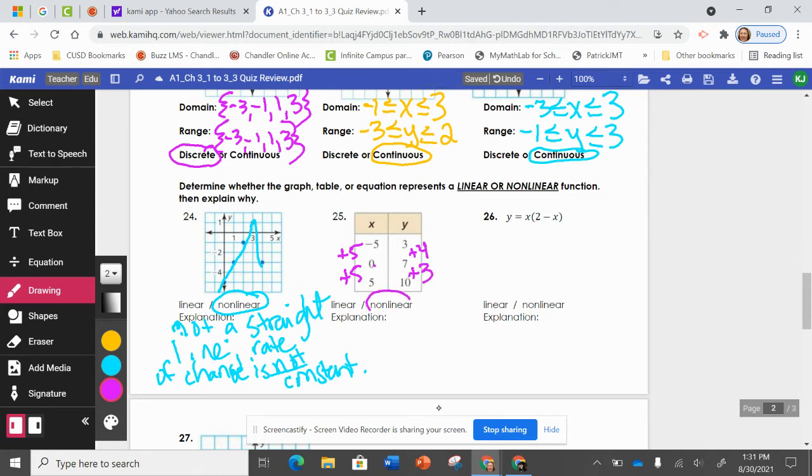Well, that means this would be nonlinear. And from here, I have to say the rate of change is not constant.